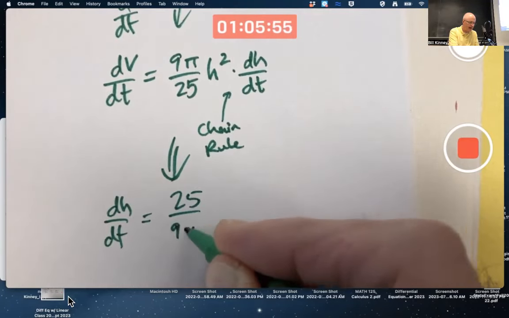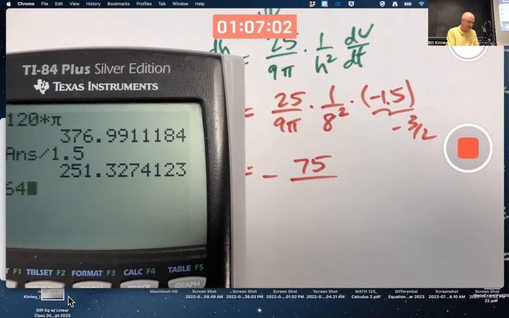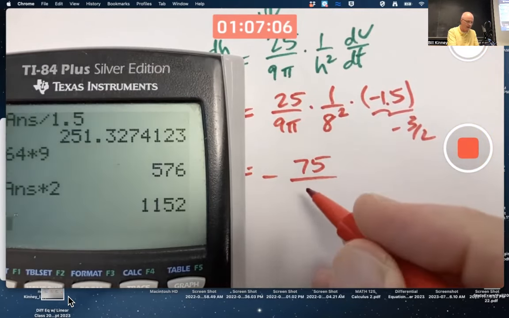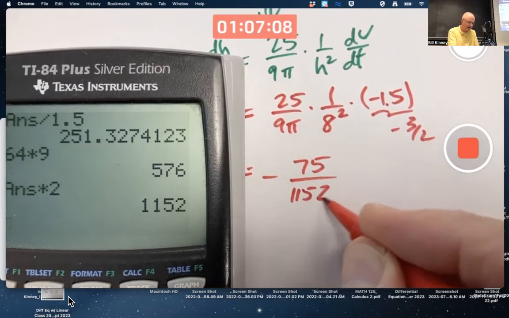If I want my answer as a fraction, I'm going to get a negative, what? 3 times 25, 75. 8 squared, 64. 64 times 9, and also times 2. 1152. Don't forget the pi.